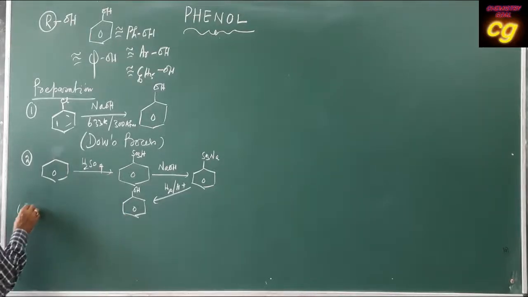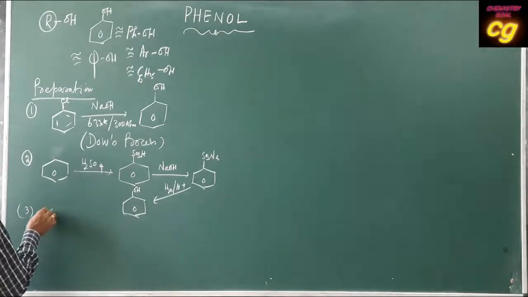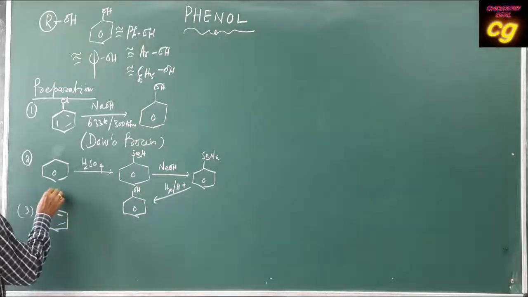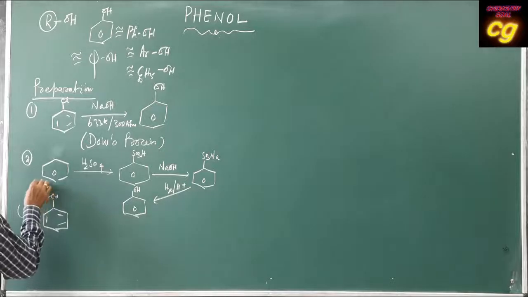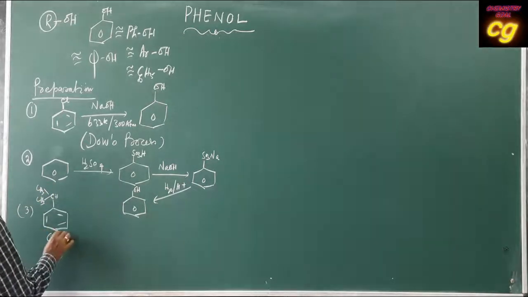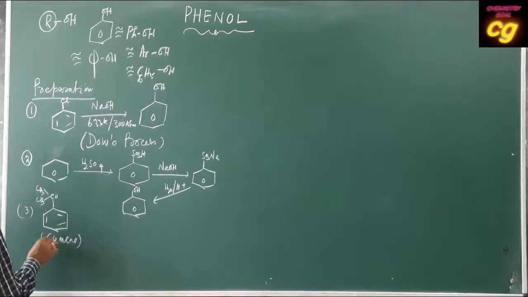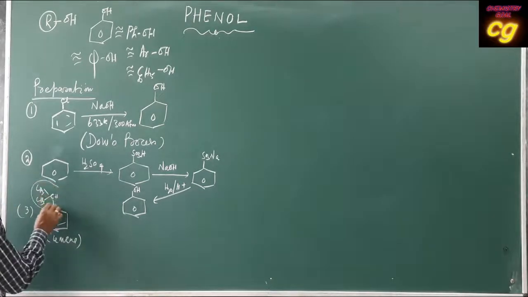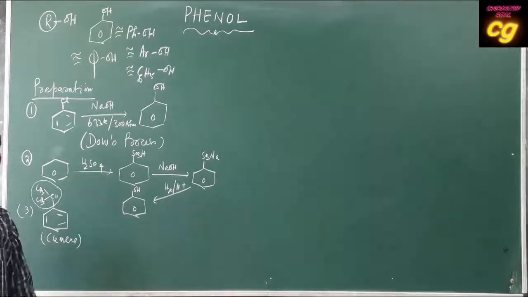The third method of preparation is from cumene. If you take cumene, also called 2-phenyl propane, or isopropyl benzene, the common name is cumene.